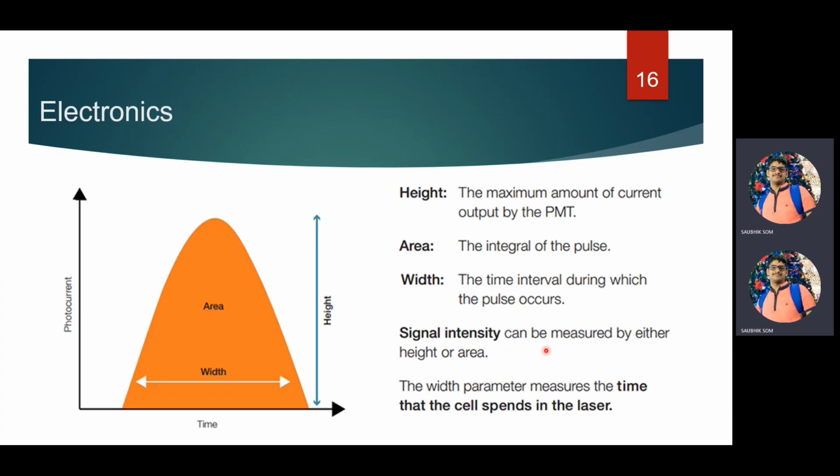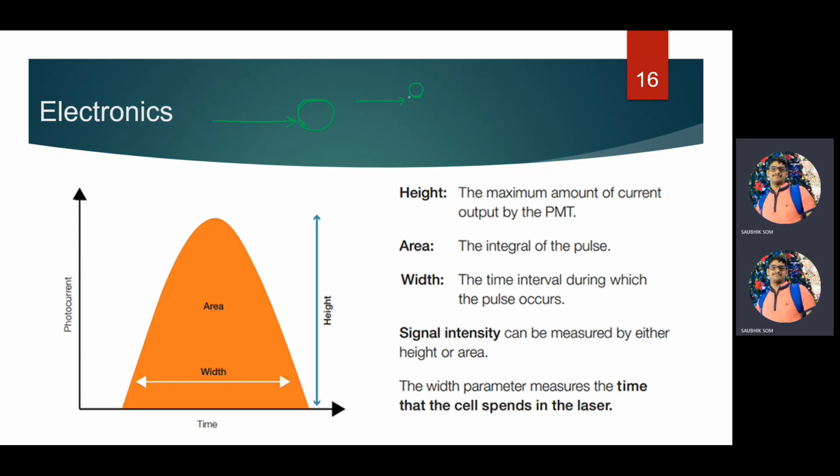So when a cell passes through the light beam, considering the cell has a round shape, if this is my cell and this is my light, when the cell is first coming like this, only this part is getting scattered, right?